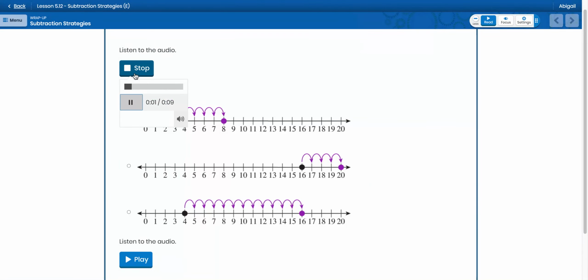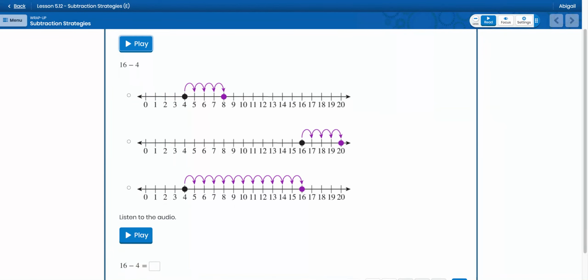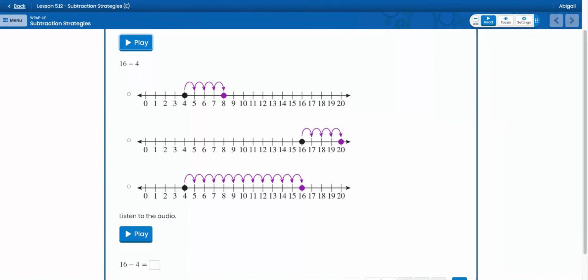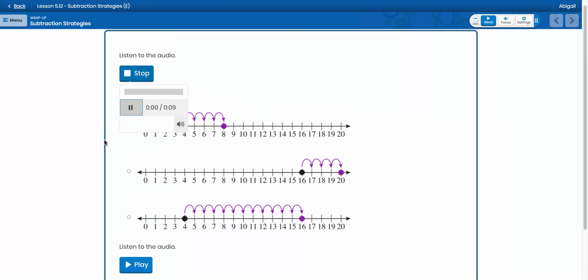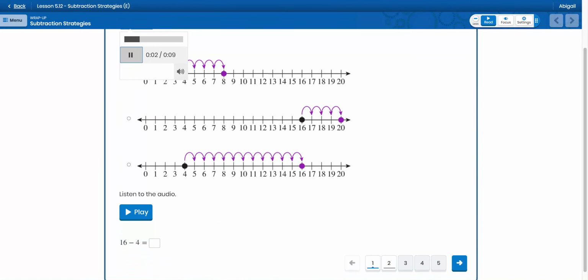Model 16 minus 4. Choose the number line that shows how to count on to subtract. Model 16 minus 4.